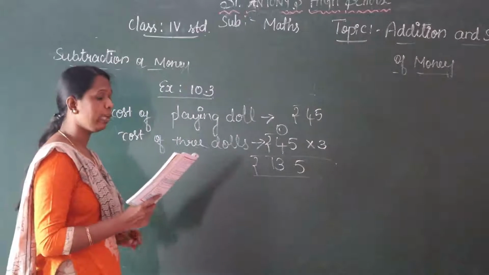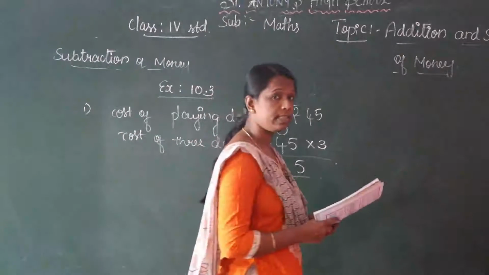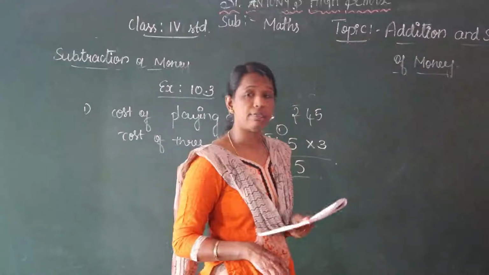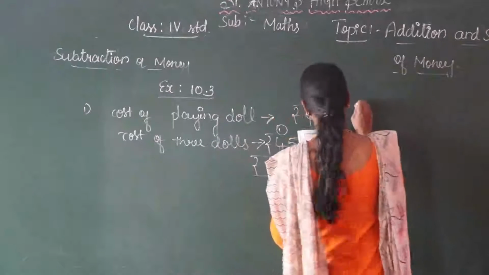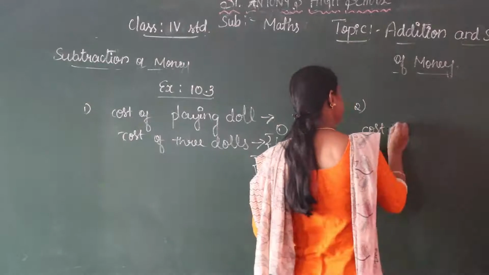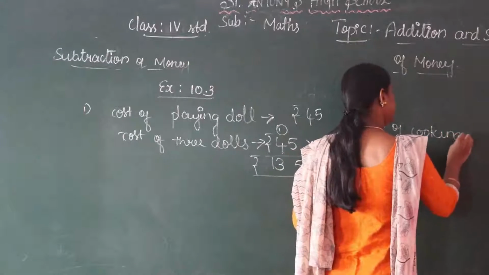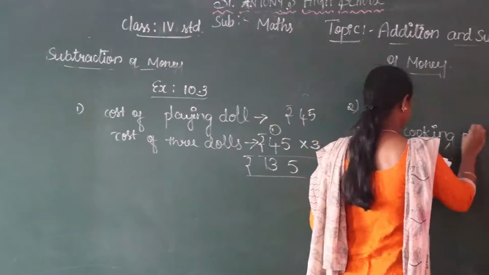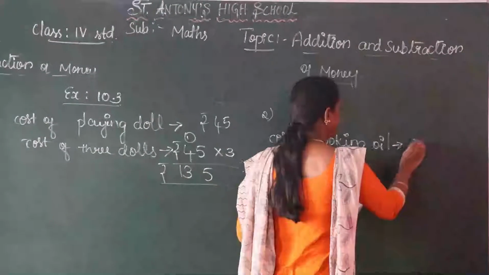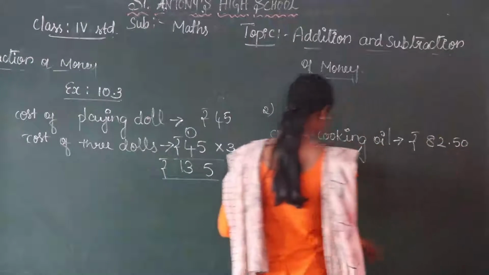A packet of cooking oil costs rupees 82.50 paisa. What is the cost of 5 such packets? Cost of cooking oil, that is rupees 82.50 paisa.